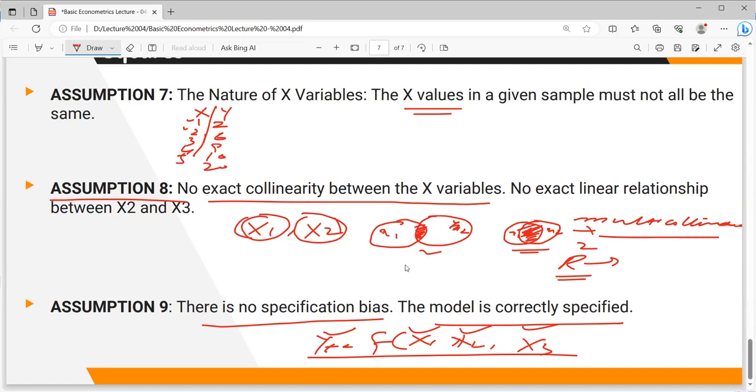We must not include an irrelevant variable, and we must not exclude a relevant variable, so we must be careful about the specification of the model. No specification bias means the model is correctly specified, showing the relevant independent variables and having the correct functional form. So this is all about assumption number 9.